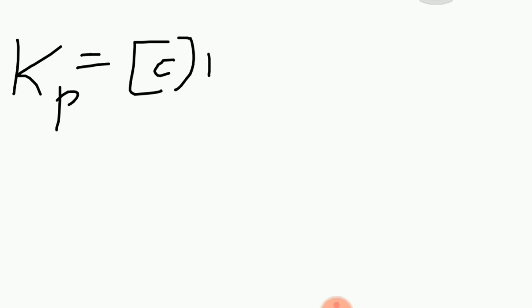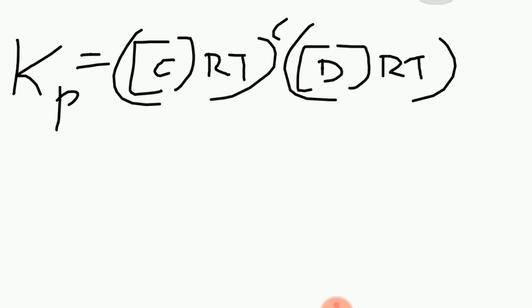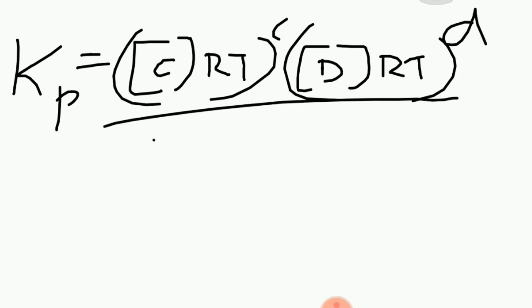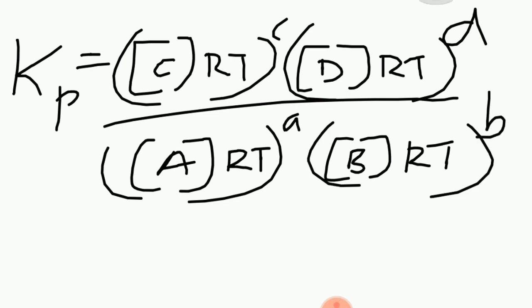Now let's rewrite Kp. What will be Kp? Kp will be equal to concentration of C into RT whole raised to c into concentration of D into RT whole raised to d divided by concentration of A into RT whole raised to a into concentration of B into RT whole raised to b.